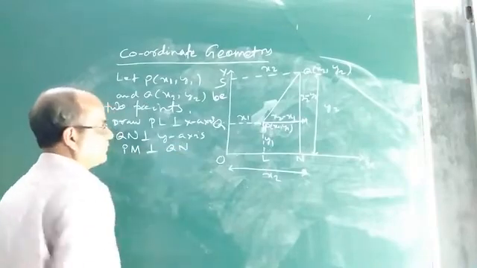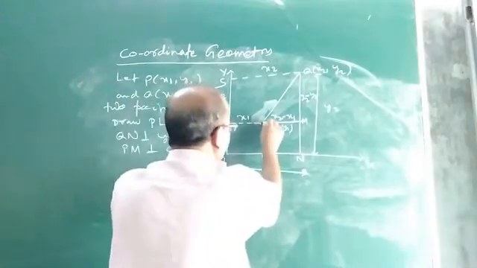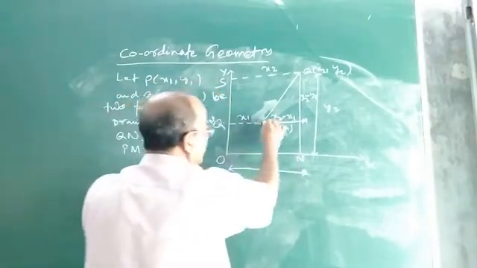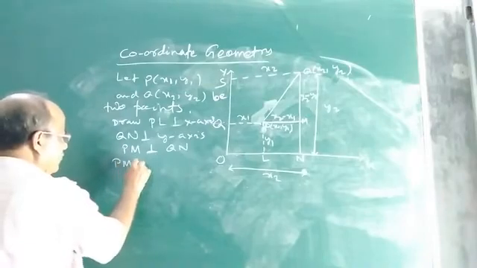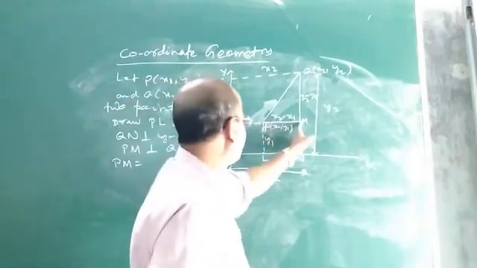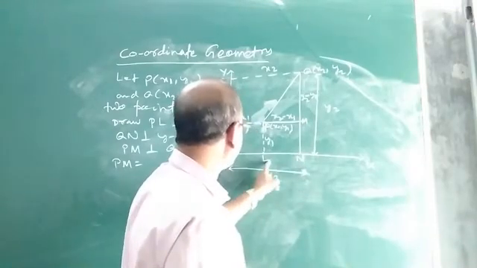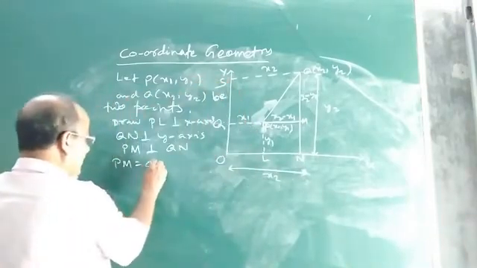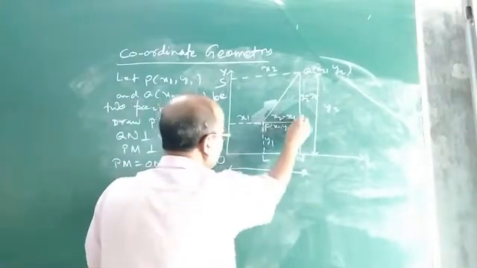So clearly, what will be the length of PM? PM will be equal to ON minus OL. You see, PM will be equal to LN.